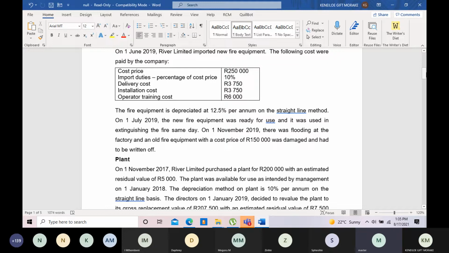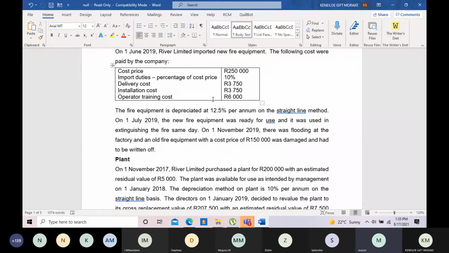After the useful life, the asset will be on its scrap value. So 100 divided by 12.5, of course, you're going to get 8, if I'm not mistaken. You are getting 8.